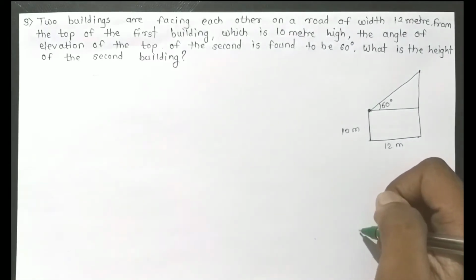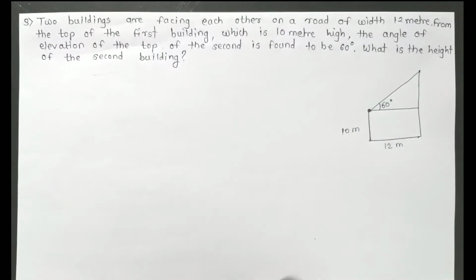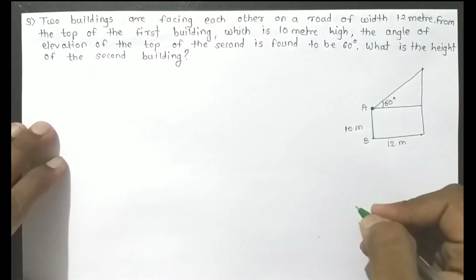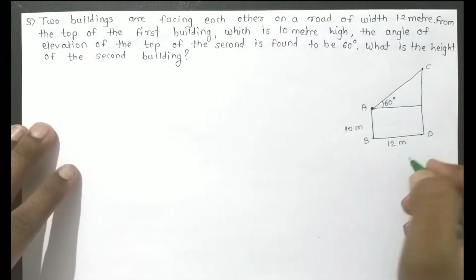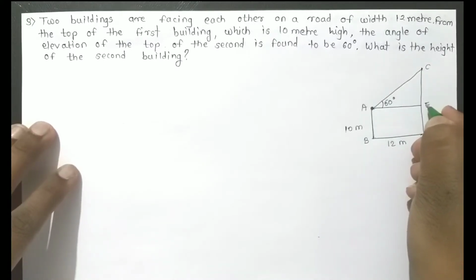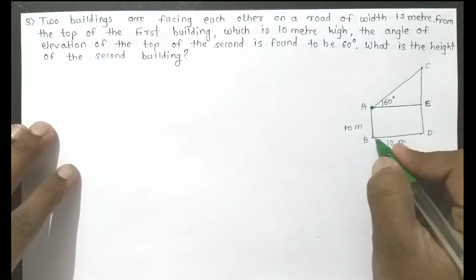Then name the figure as A, B is the first building, shorter building, and C, D is the taller building. E is the point parallel to BD. Draw line parallel to BD.